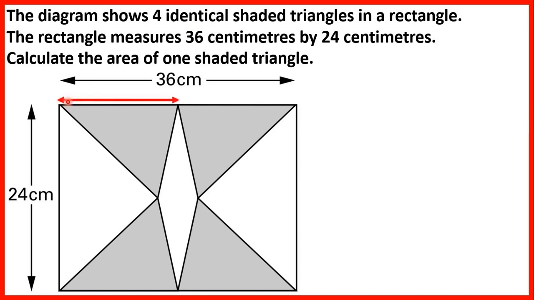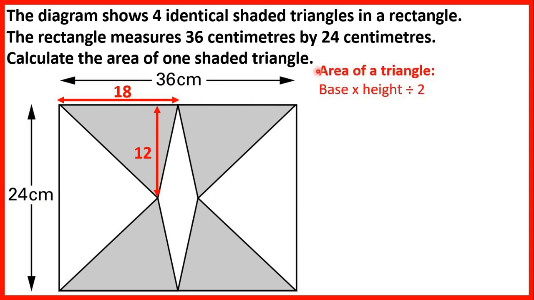So we can work out the base of the triangle by finding half of 36, because if two bases are 36, then we can divide 36 by 2, and that tells us that 18 centimetres is the length of the base of a triangle. Then we can find the height of a triangle, because two heights together give a total of 24, and 24 divided by 2 is 12.